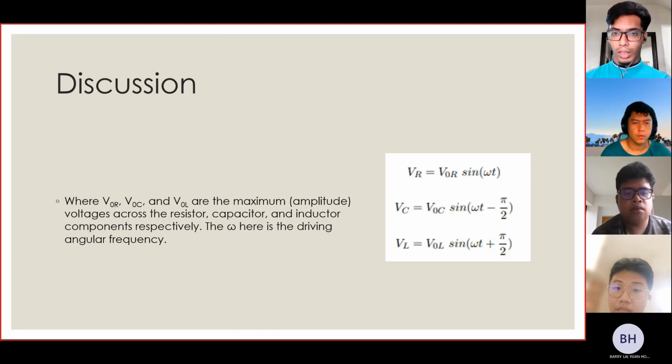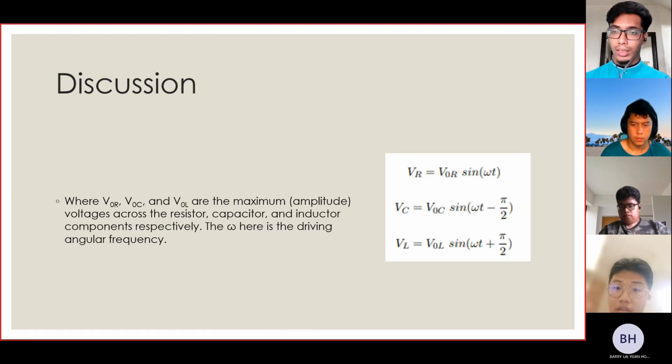V0R, V0C and V0L are the maximum amplitude voltages across the resistor, capacitor, and inductor components respectively. The omega, which is the driving angular frequency, is this expression.